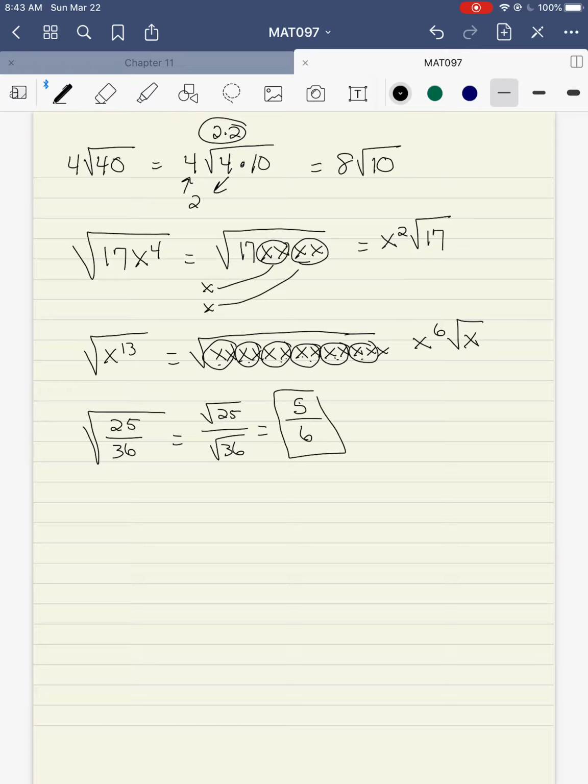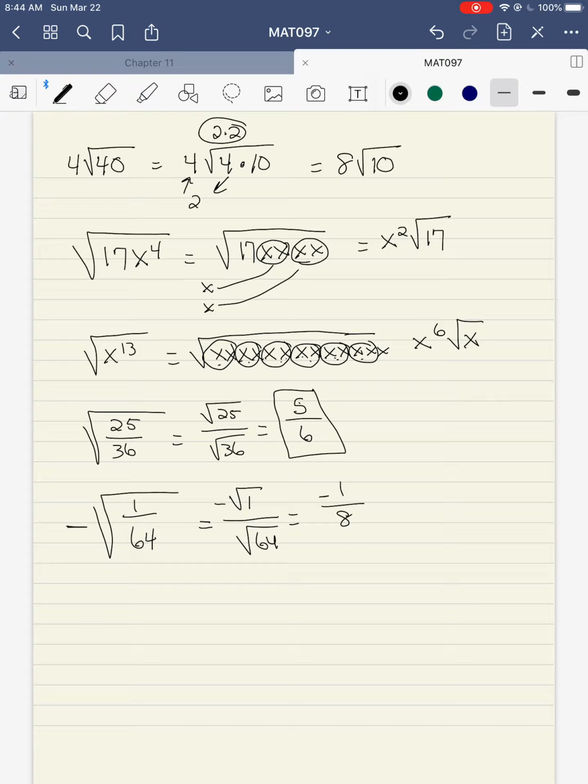So the square root of 25 over 36 is 5/6. If you've got the square root of 1 over 64, and let's say it's negative on the outside, again, when I split this up, the square root of 1 is a perfect square, and the square root of 64 is a perfect square. So this is going to be negative 1 over 8 for that answer.